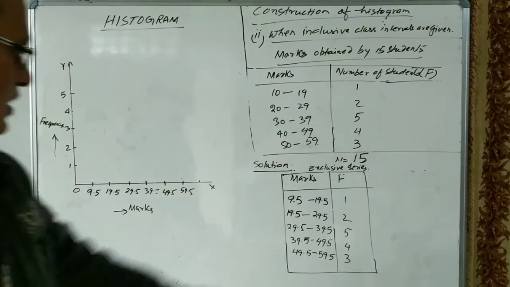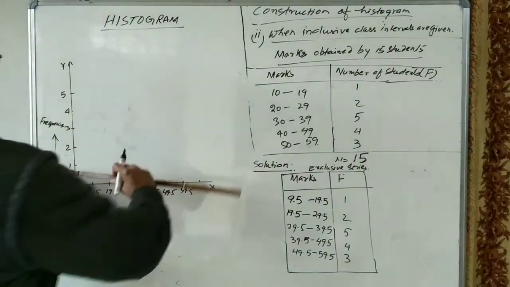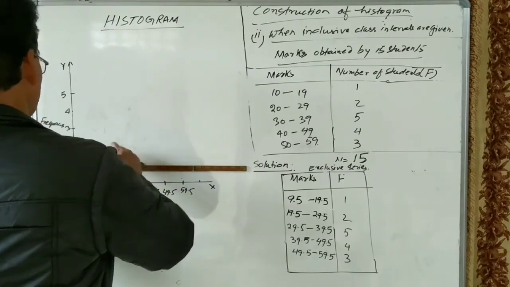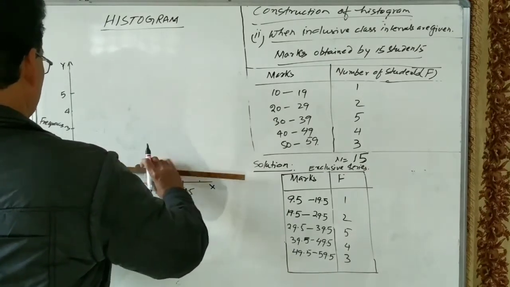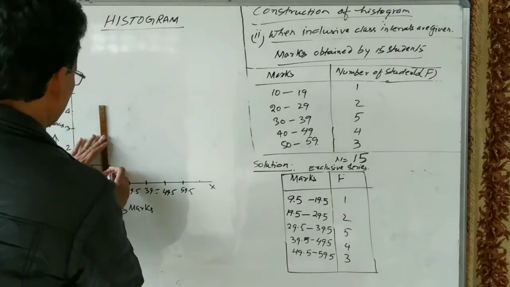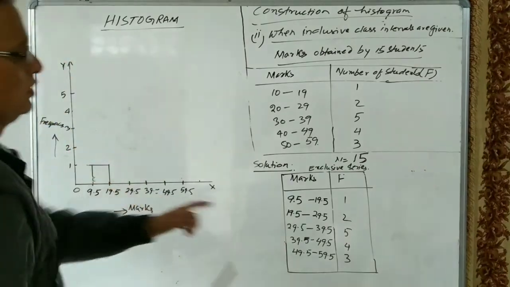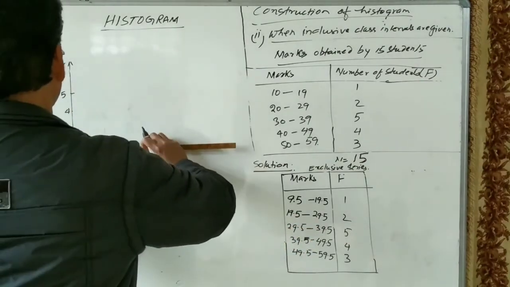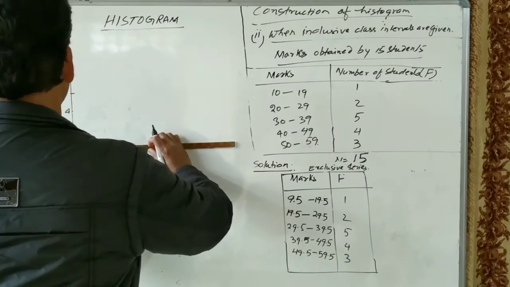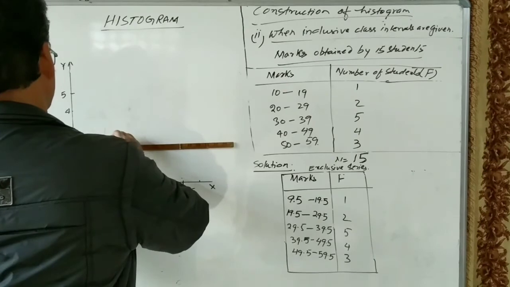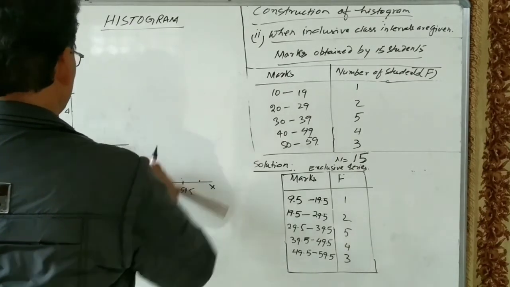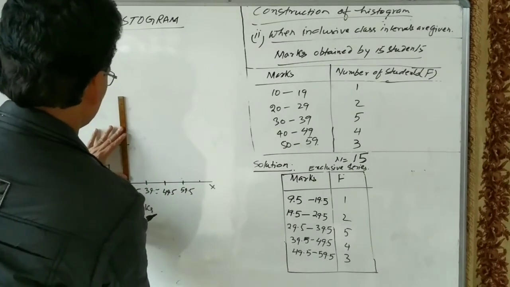Then after, we have to draw the bar for 1. This is 1. Then 2, this is 2.